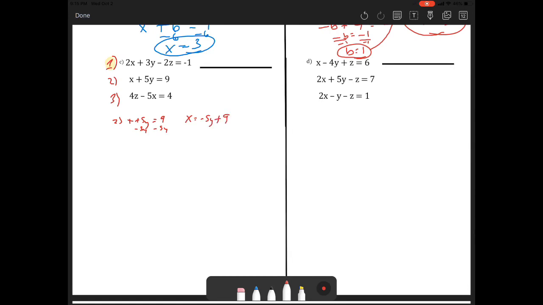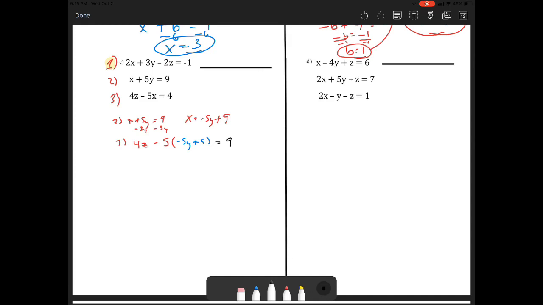So I like it like this just because it can be reordered so I can work on it for something else. Now what's going to happen is I'm going to plug this into the third equation and the first one. So my third equation is 4z minus 5x, so my x is going to be implemented right here. It's going to be negative 5y plus 9 equals 9.